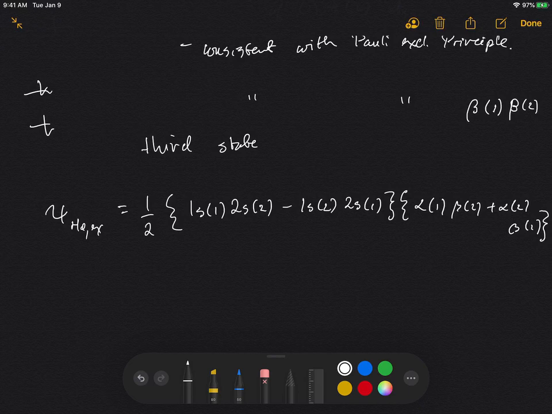So there end up being three states with this kind of spatially antisymmetric wave function. The spin part is symmetric, and they have the same energy. So there's three degenerate states, and they are called a triplet.